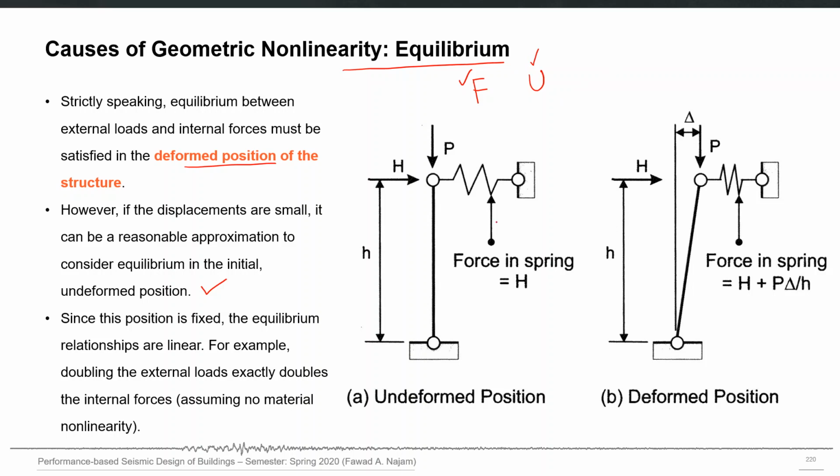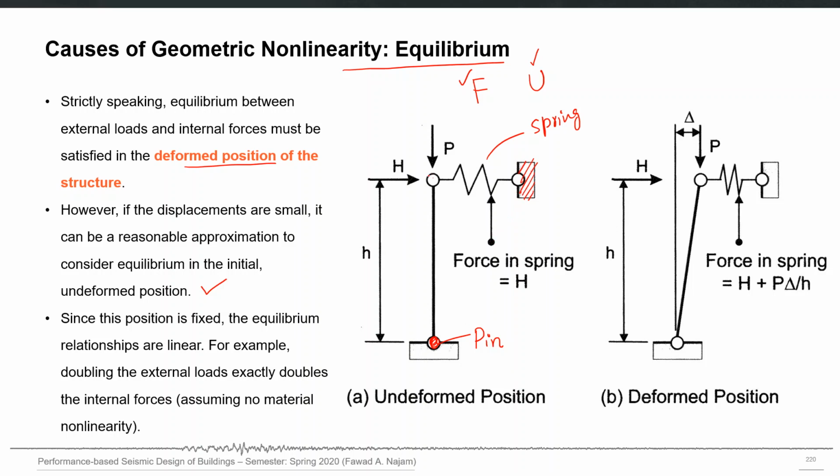So for example, if you have this structure, which is a column, with a pin support here, and it is connected from the top with a spring, and that spring is connected to this rigid support.